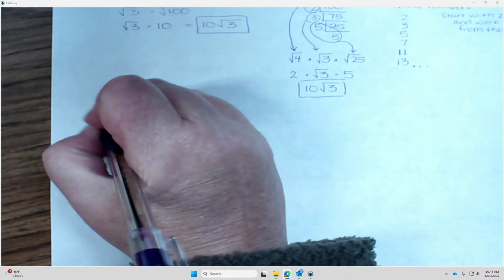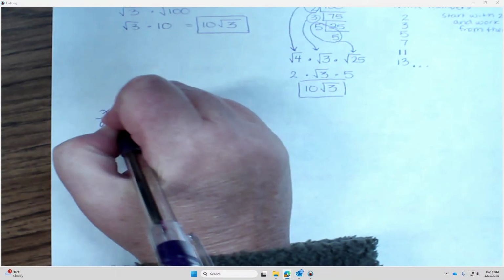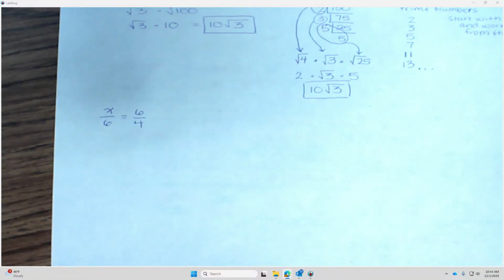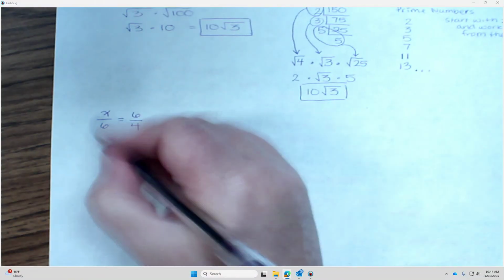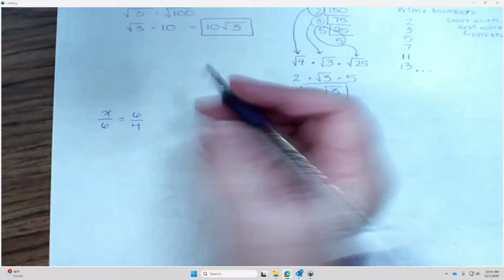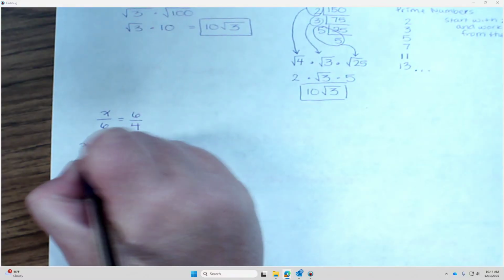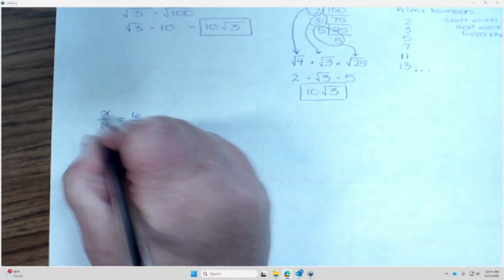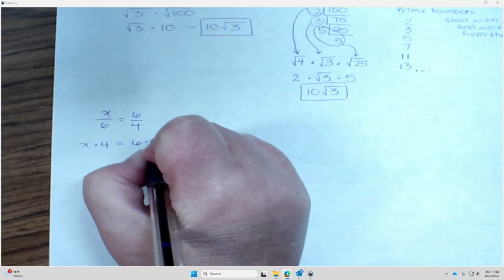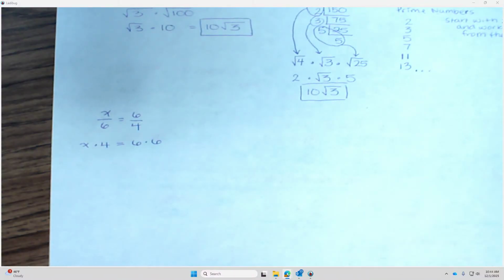I've got x over 6 equals 6 over 4. I know that this is a proportion and I can solve for a missing part by using cross multiplication. So I'm going to say x times 4 is my first diagonal, and I'm going to set that equal to 6 times 6, which is my second diagonal.